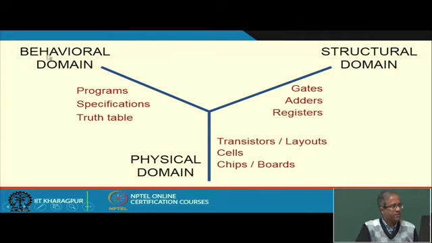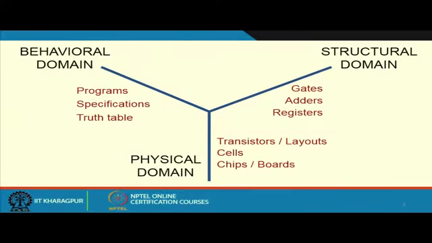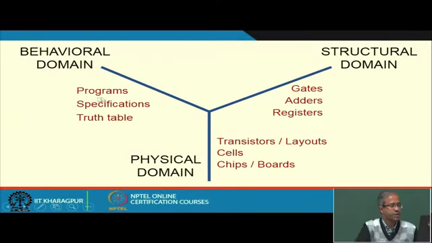When you talk about behavioral, we basically are talking about how a circuit is supposed to behave. We are not going into detail as to how we are implementing it or how we are designing it. Some typical ways to represent behavior are programs in high level description languages like Verilog or VHDL, and specifications in various forms. For example, Boolean equations, truth tables, finite state machines and so on.